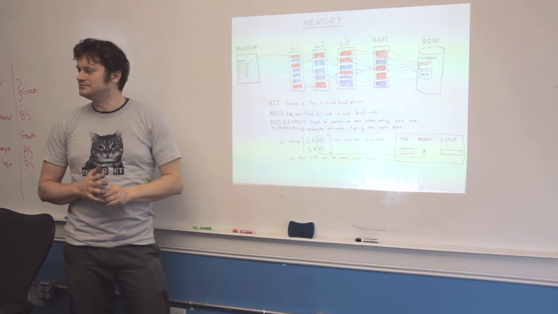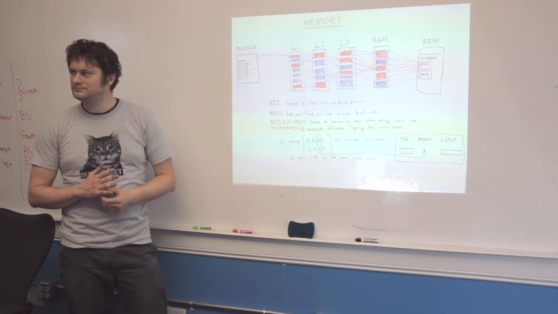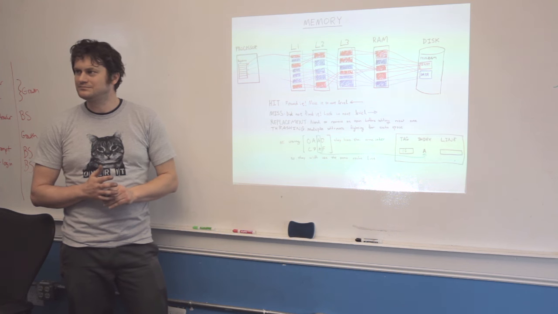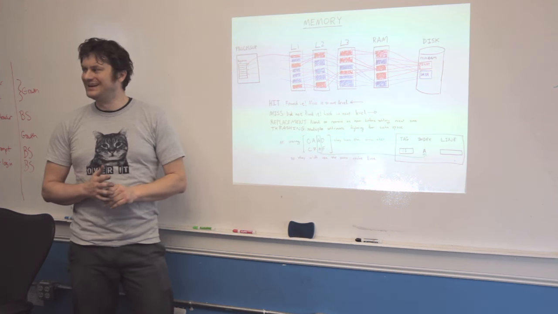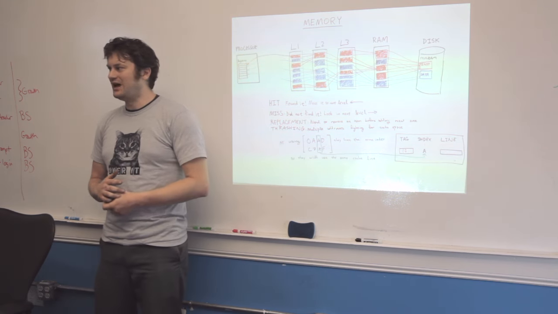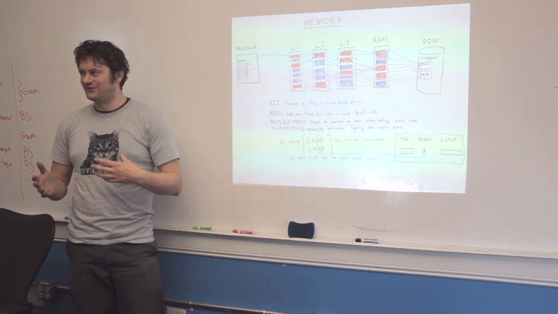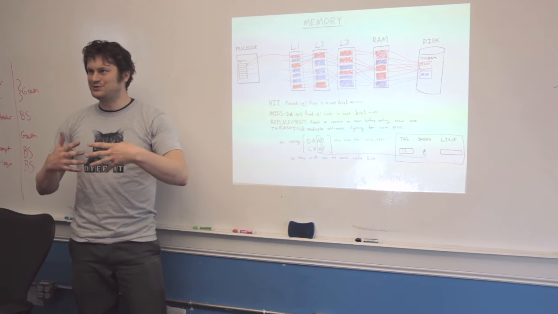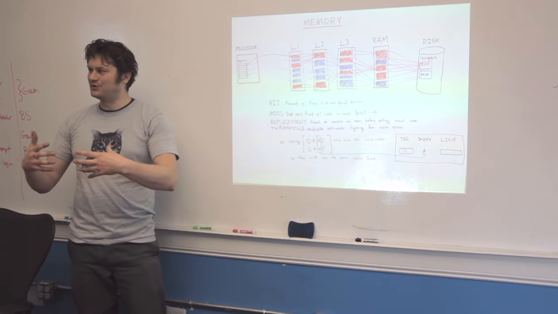So when you say that the processor has to check L1 and then L2 and L3, is this lookup process implemented in hardware, or is the operating system involved at some level? The question is where is this lookup process implemented? As hardware and operating systems have evolved together, it's usually split in kind of a weird way between the two.